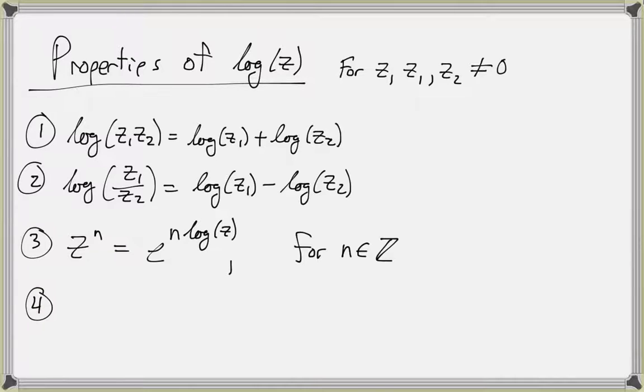And fourthly, if I want to take z to the 1 over n, remember this is a set of n values. This can also be written as the set e to the 1 over n times log of z for any integer n. And again, these properties can be proven using the definition of log of z as a multi-valued function.